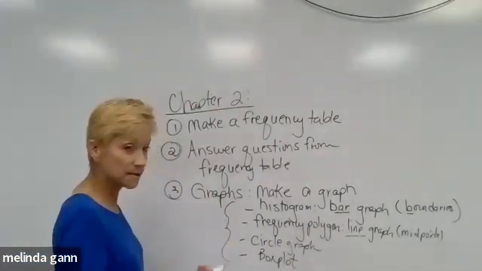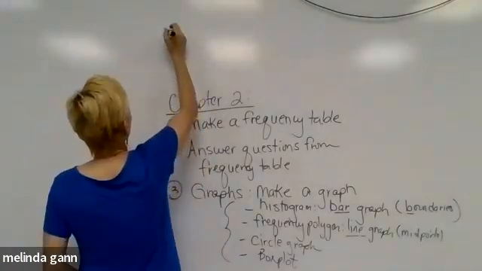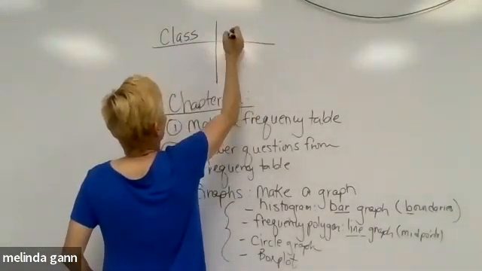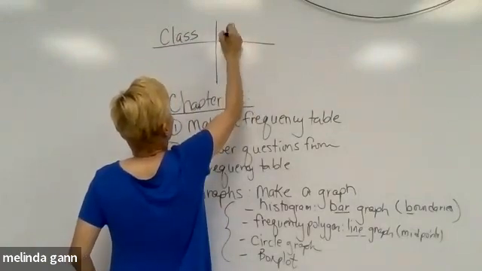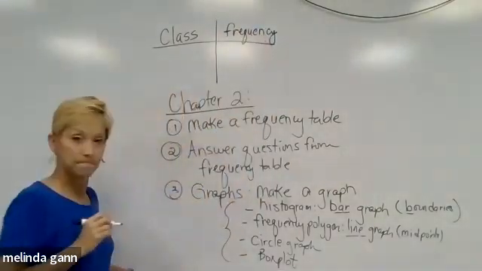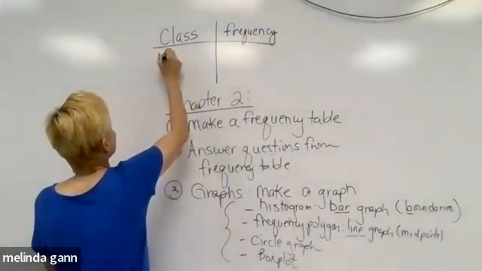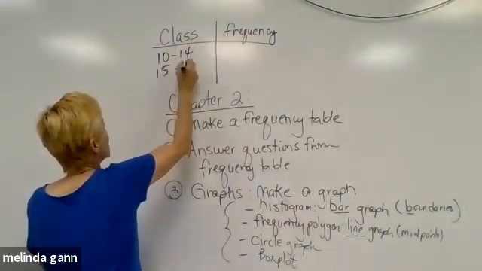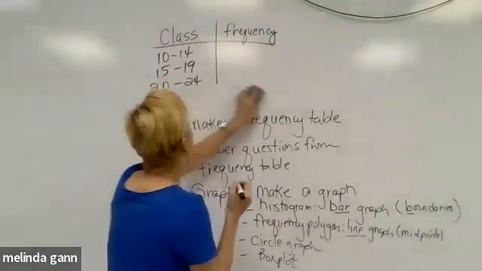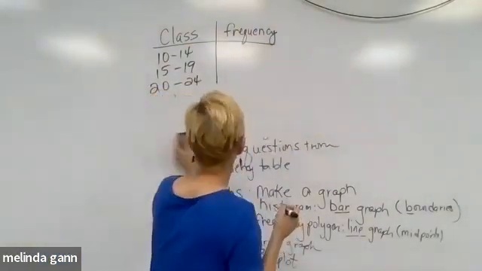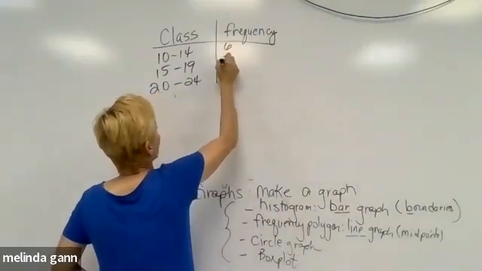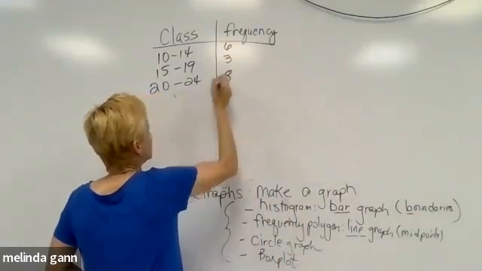So for instance, okay, if you had a frequency table that looked like this, maybe it was like 10 to 14 and 15 to 19 and 20 to 24, okay? And maybe this was like a 6 and a 3, and maybe this one is an 8.